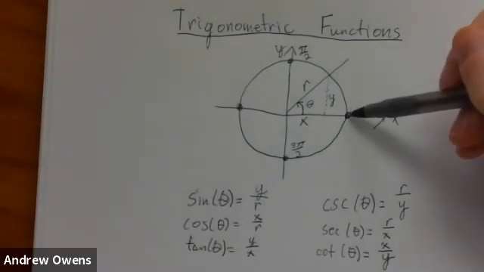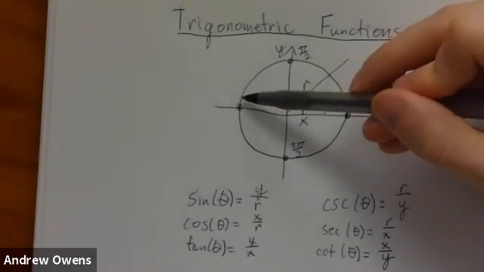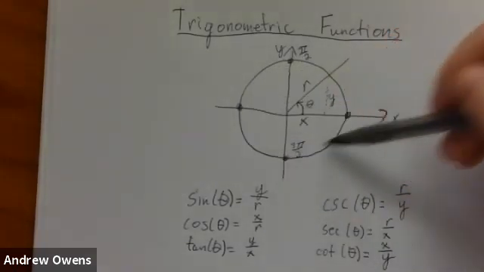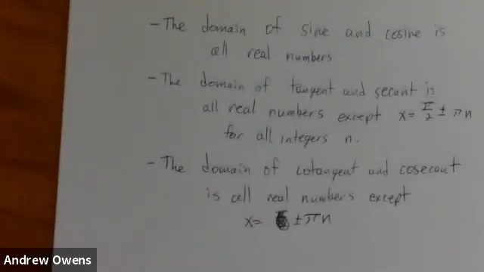So we cannot have the value theta equal to 0, nor any integer multiple of pi being added or subtracted to this value 0. So again, we write that out as the domain is all real numbers except for plus or minus pi n. All right, and that will conclude this review on trigonometric functions.